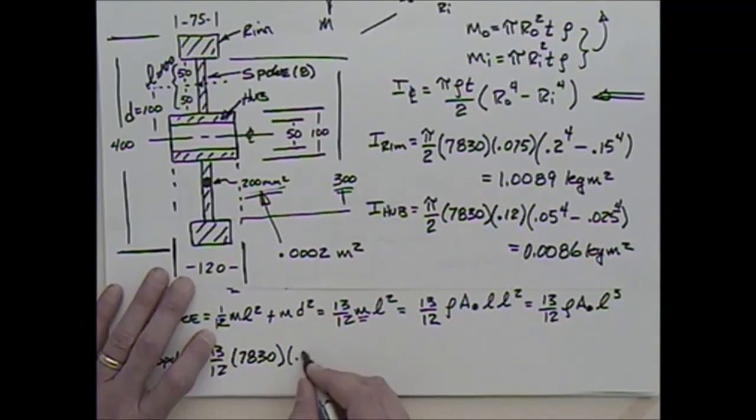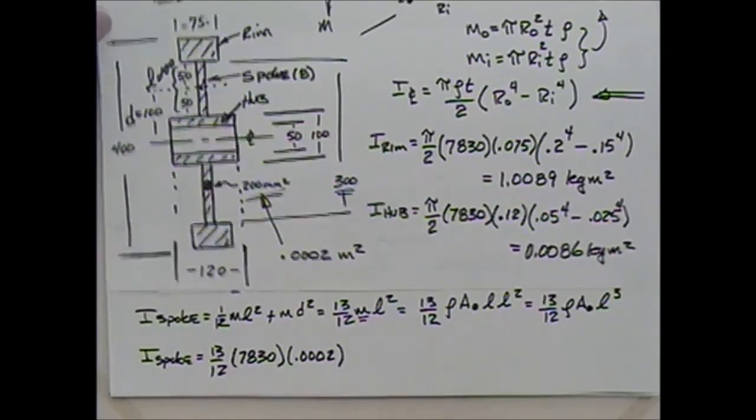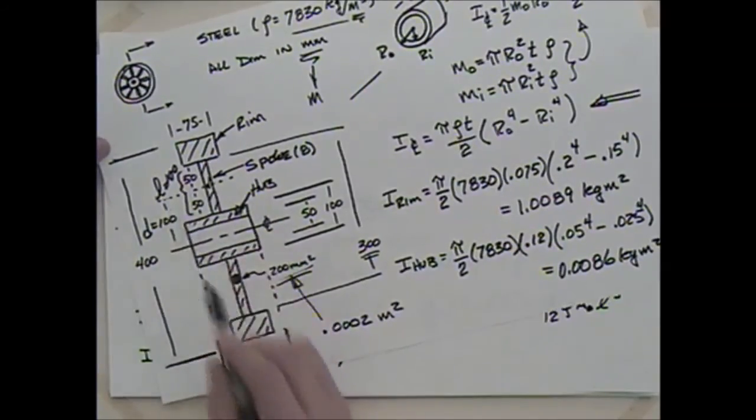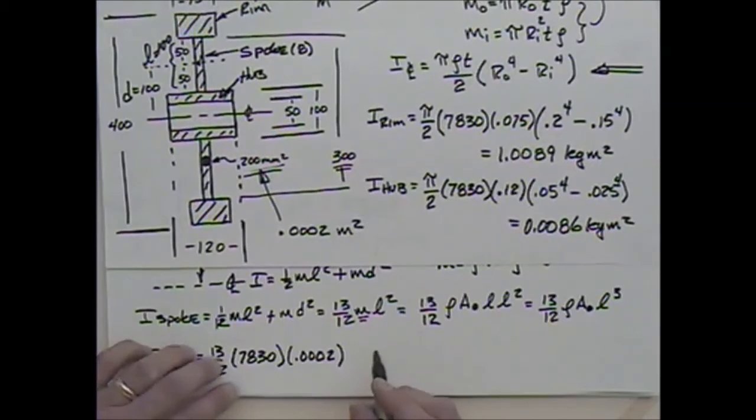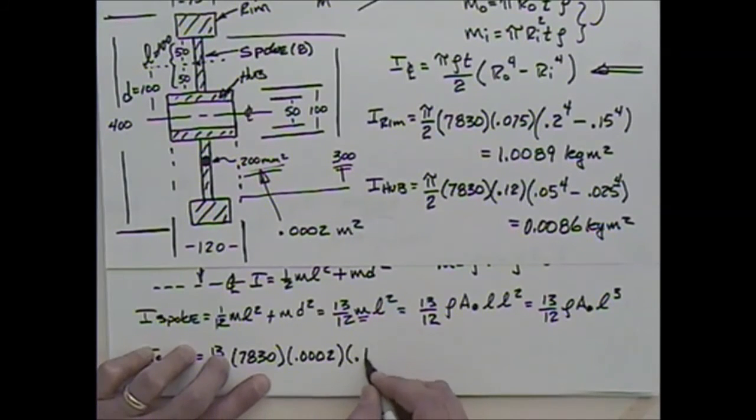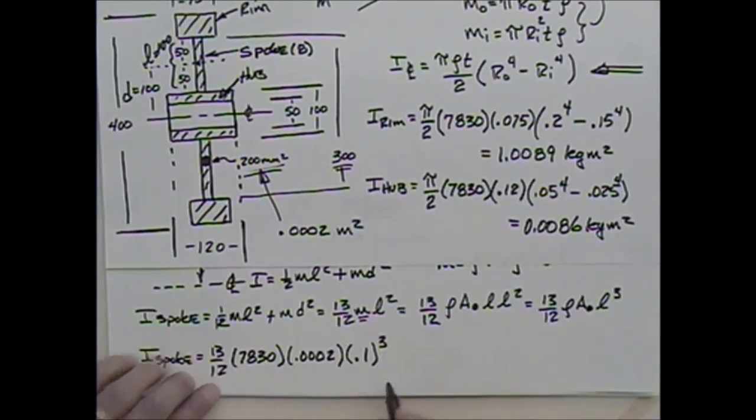Okay, so 0.0002. So that's the area. And then I have the length of this thing. What's the length of that? The length and d are both 100. So what's 100 in meters? 0.1. Okay.